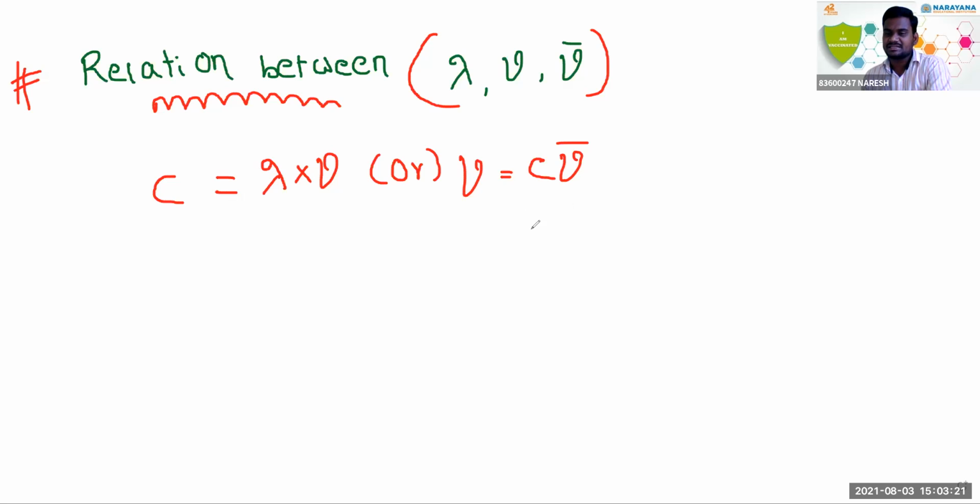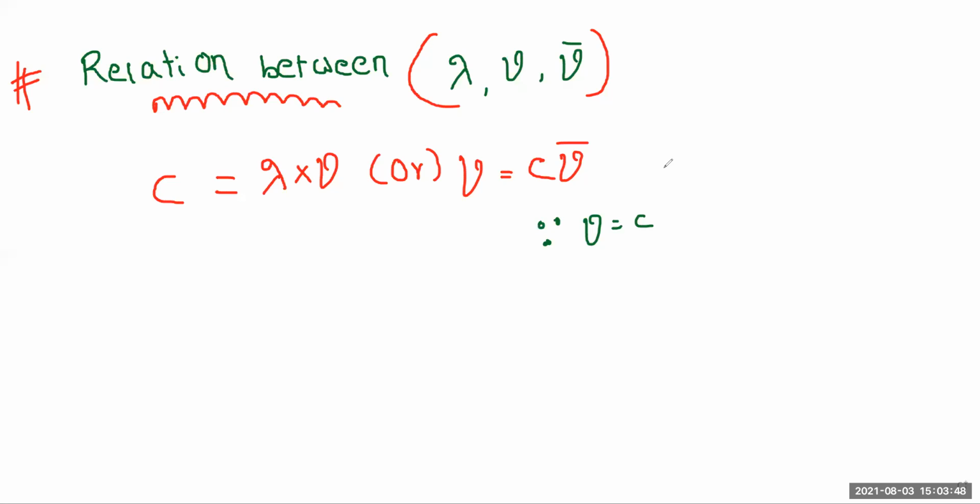Shall I give you some clarification to be more specific? Here nu is equal to C into nu bar. So 1 by nu bar is equal to how much? 1 by lambda, the wavelength.